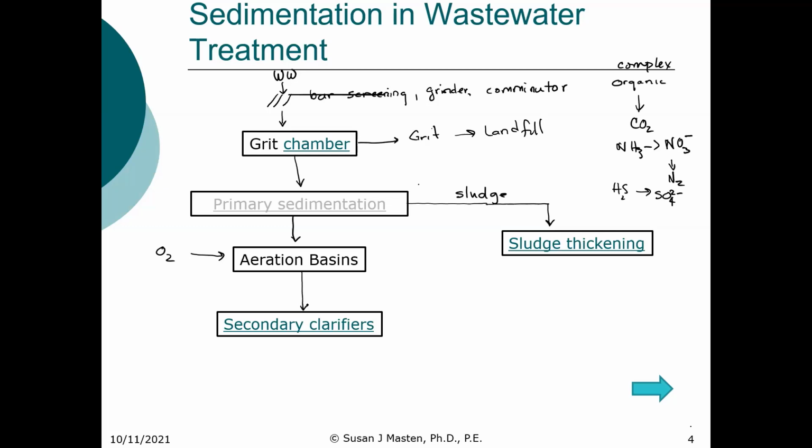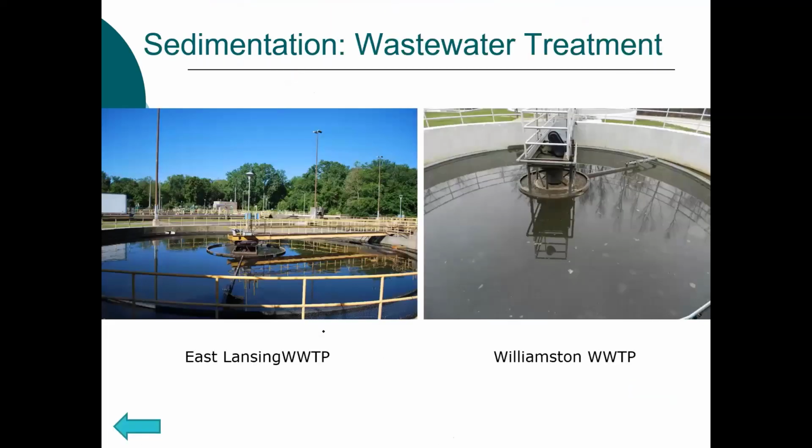The effluent from that, which is actually referred to as mixed liquor, then flows into a secondary clarifier, and you can see them here. The one on the left is from the East Lansing water treatment plant. The one on the right is from the Williamston water treatment plant. East Lansing treats about 9 mgd, Williamston about 2.